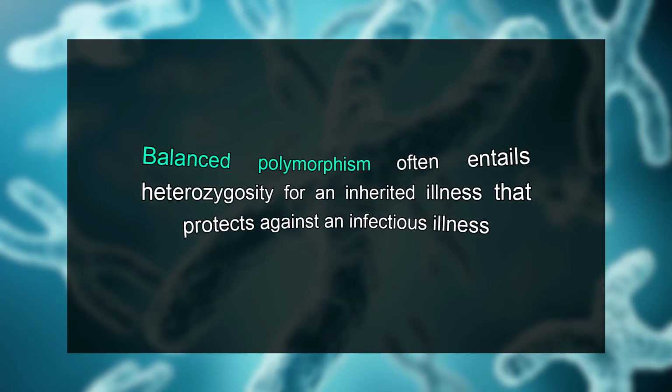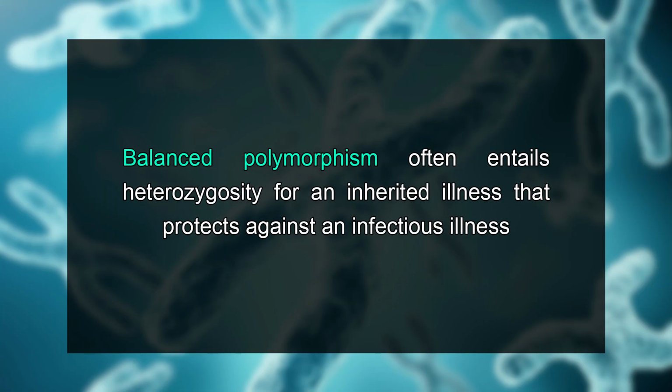When carriers have advantages that allow a detrimental allele to persist in a population, balanced polymorphism is at work. So this form of polymorphism often entails heterozygosity for an inherited illness that protects against an infectious illness.